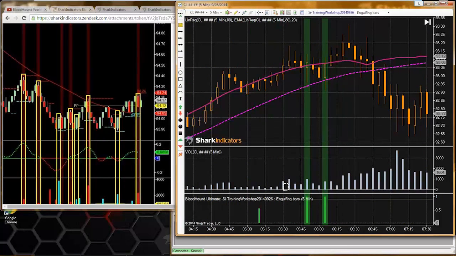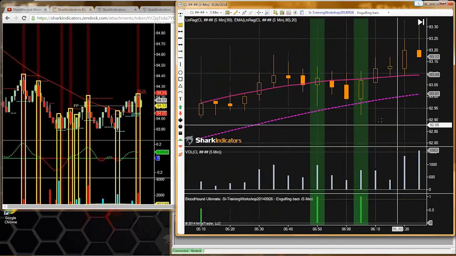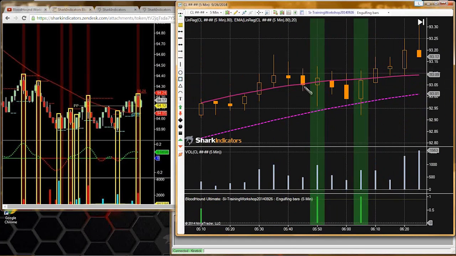I'll just say that for any of you candlestick pattern enthusiasts out there, technically this is not a true engulfing condition. Let me point out why. Right here, the body needs to be engulfing, and the body of this bar is not engulfing the body of the previous bar.